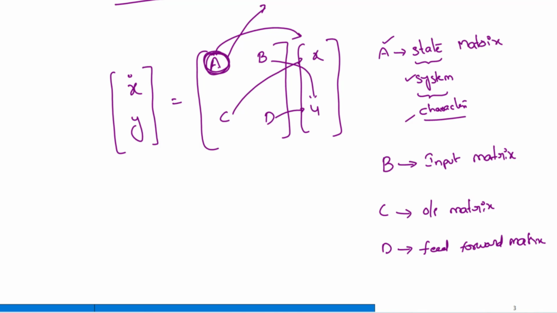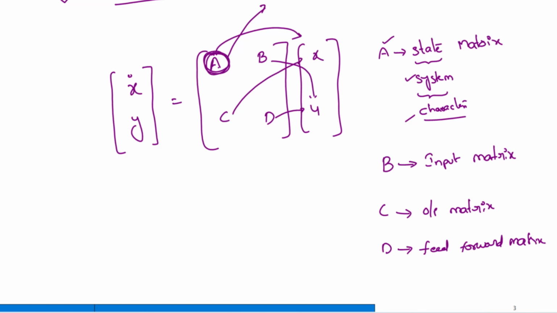You have to understand this very carefully. We are taking only two equations: x dot is equal to ax plus bu, and y equal to cx plus du. The first equation is the state equation, the second is the output equation. In the state equation, the A and B matrices are there. In the output equation, the C and D matrices are there.